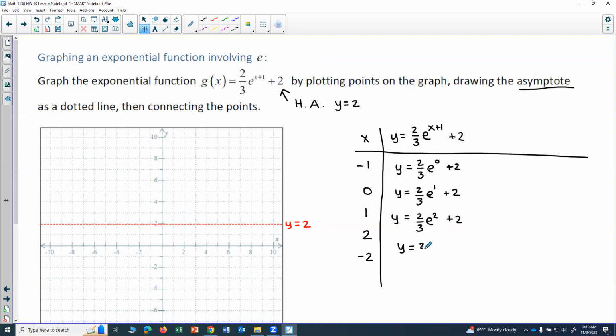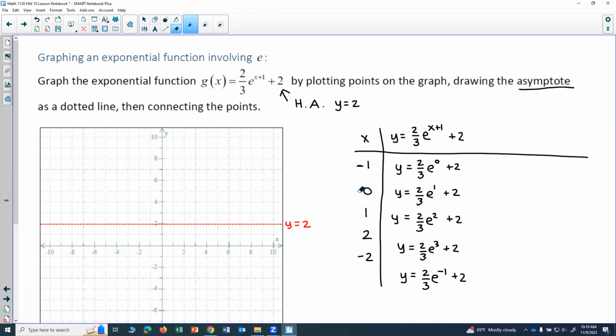Then y equals 2/3 e to the third plus 2, and for a -2 for x, I would get -1, so y equals 2/3 e to the -1 plus 2.